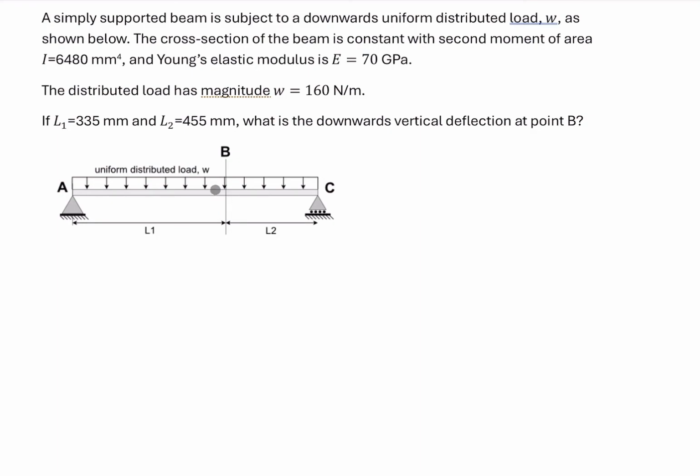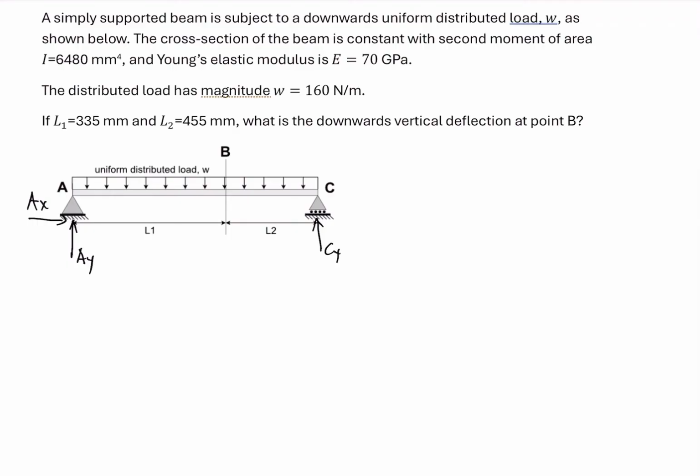First of all, we need to solve for the reaction forces. At support A, which is a pin support, we have two reaction forces, AY and AX. At roller support C, we have only one reaction force, CY.